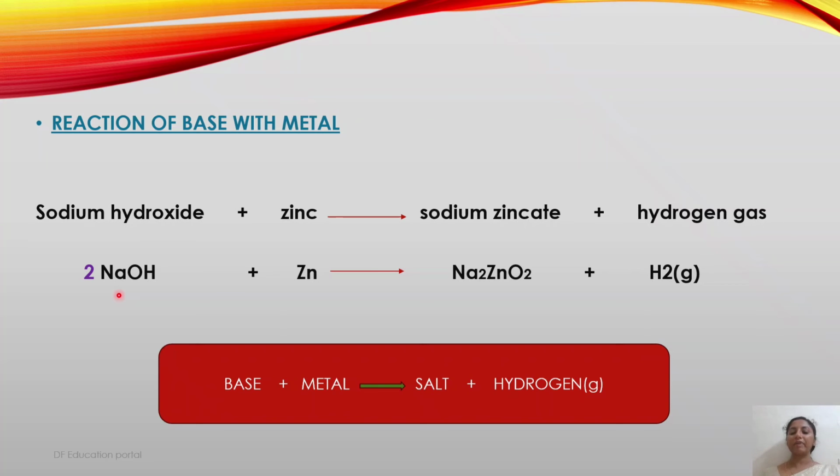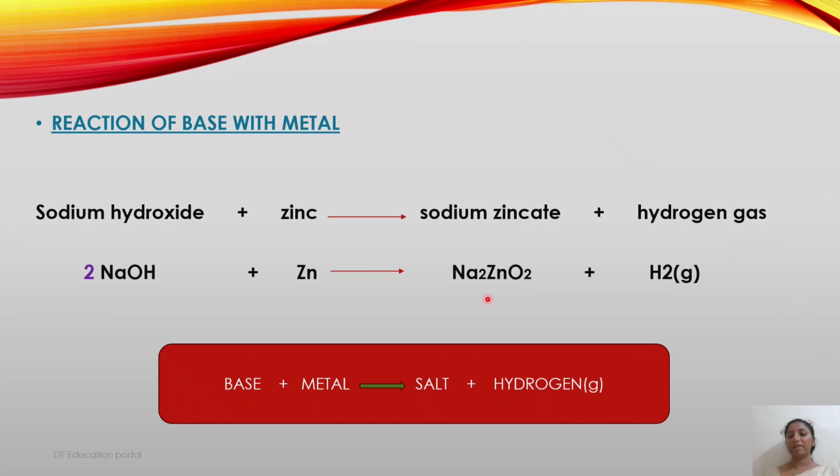When we add some zinc metal to the sodium hydroxide solution, there may be evolution of hydrogen gas. Along with that, after the reaction of zinc and sodium hydroxide, we get sodium zincate, Na2ZnO2. This is also an example of a salt, similar to the previous case, where the salt formed was zinc sulfate.